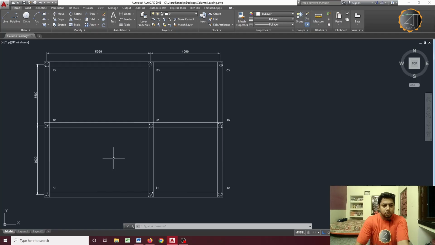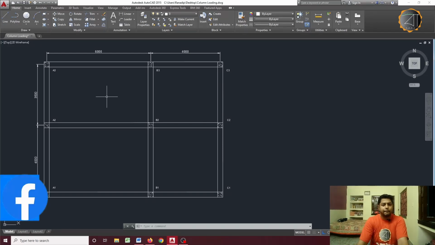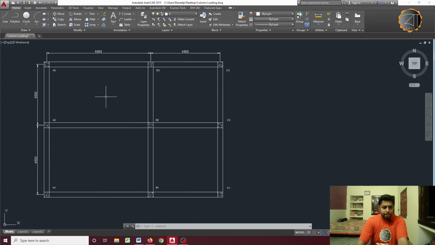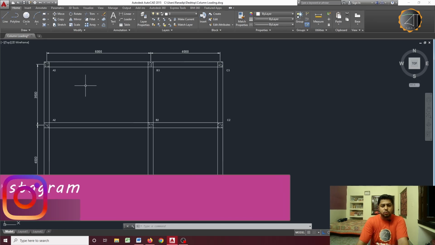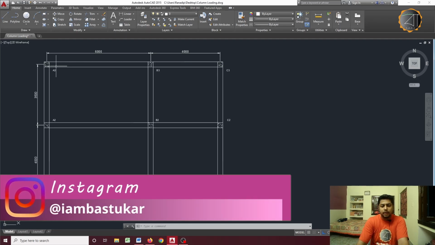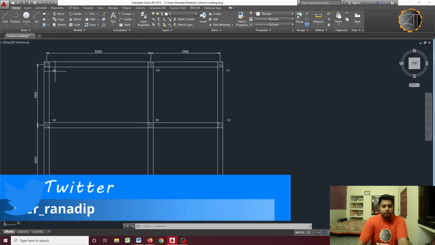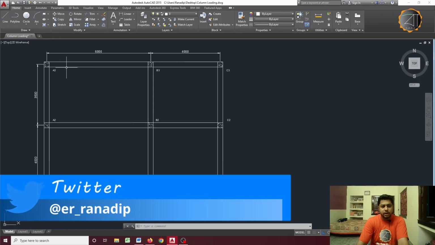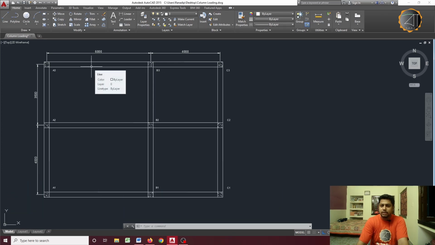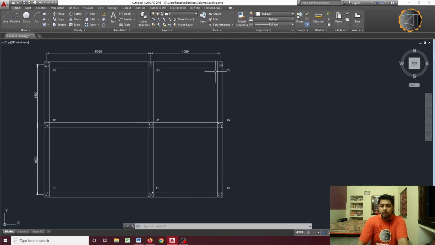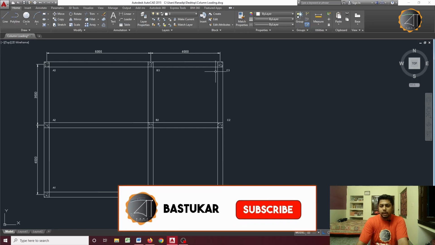Let us see. In this particular plan, it is well understood that from left to right, the portion between columns A3 and B3 will be shared by these two columns, that is the 6 meter span. Similarly, the 4 meter portion between columns B3 and C3 will be shared between B3 and C3.